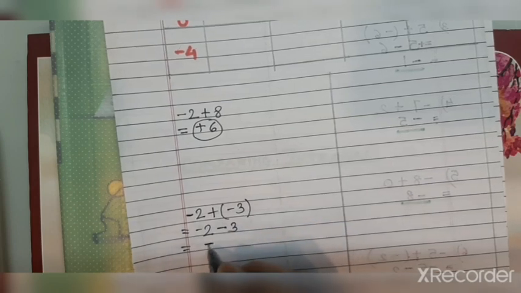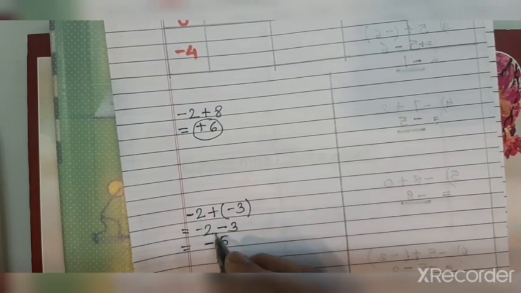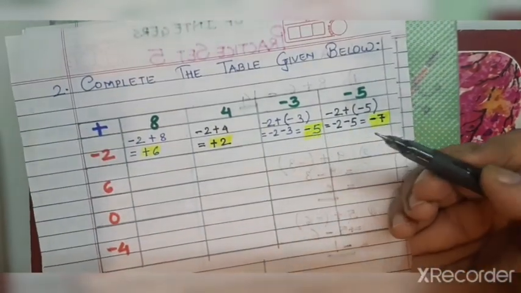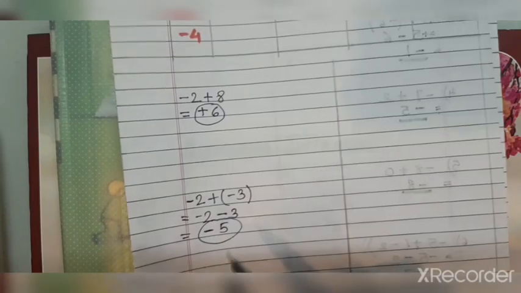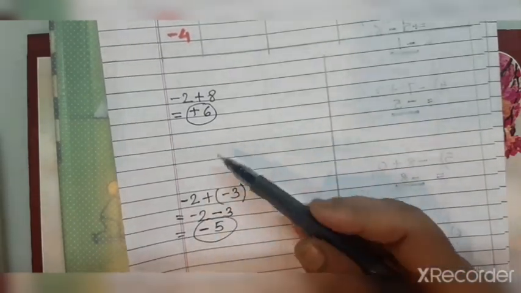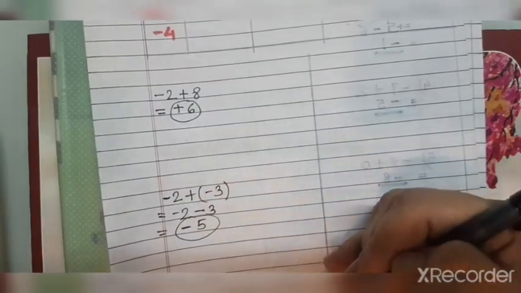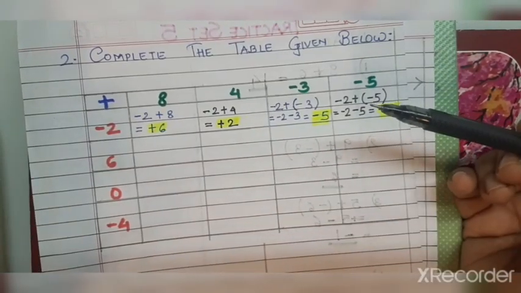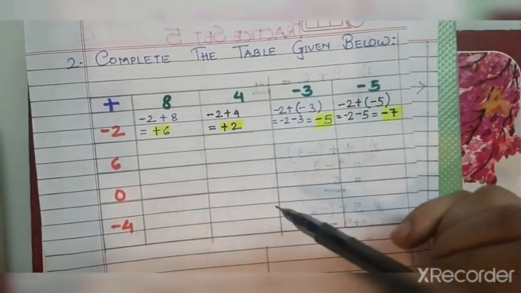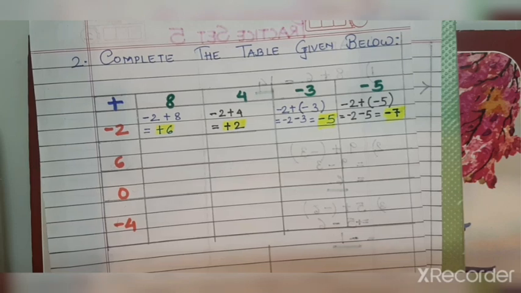Signs are same, write the same sign and add. So whatever answer I get, negative 5, only this negative 5 I will put in this box. But showing the calculation is important. So don't write direct answers. Show the calculation below the table, or make a bigger table in your notebook and do the calculation there itself. We proceed.